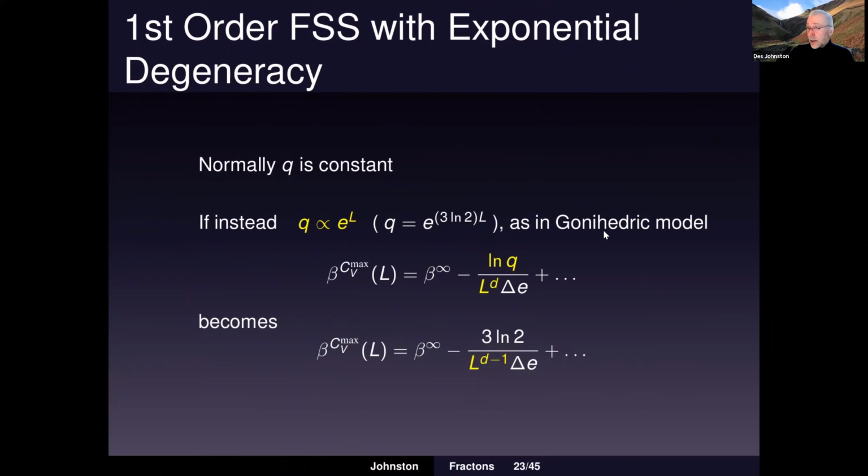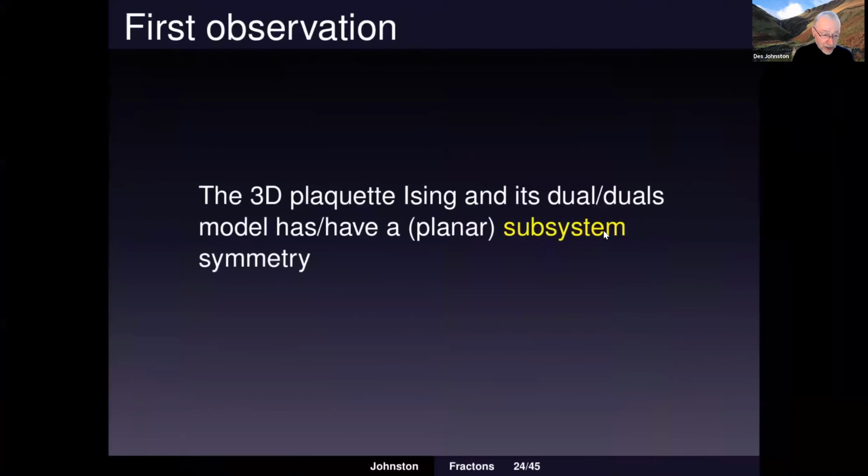So the PhD student was right. It really was L squared instead of L cubed, and that's the reason for it. So the first observation, the 3D Plaquette Ising model and the duals display a subsystem symmetry. You can flip not globally, but planes in the model.